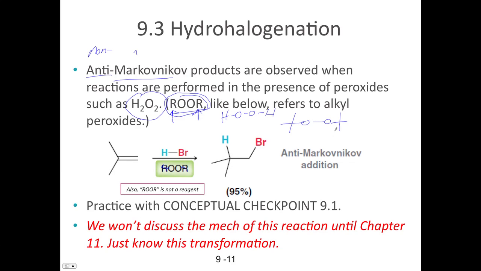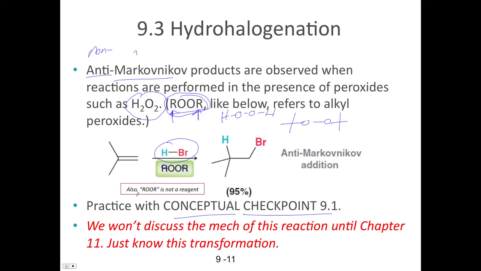So like Thomas the Train, kind of a peroxide. Or you can use benzyl peroxide if you want, not benzoyl peroxide. I don't know that would work. It might work, but butyl peroxide also works out very well here. But it's HBr only and some alkyl peroxide or some hydrogen peroxide, all right? That will give you the anti-Markovnikov addition. Practice this with this checkpoint here in your book.